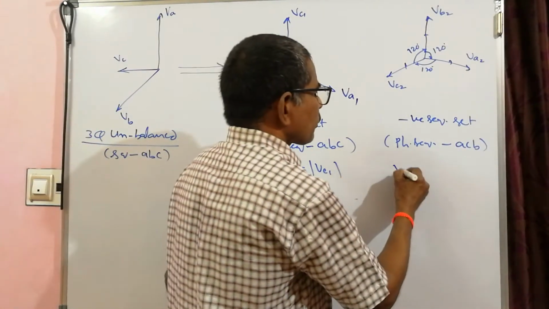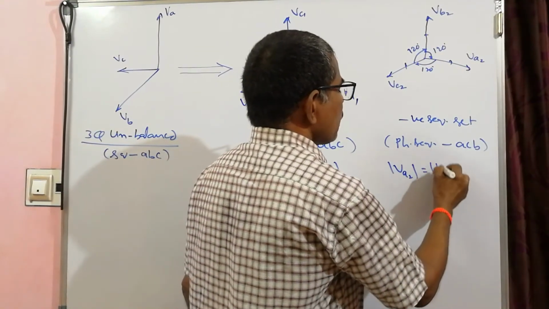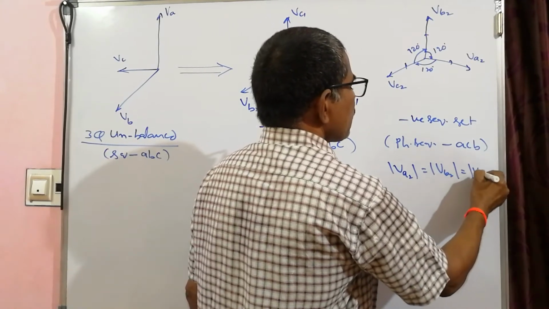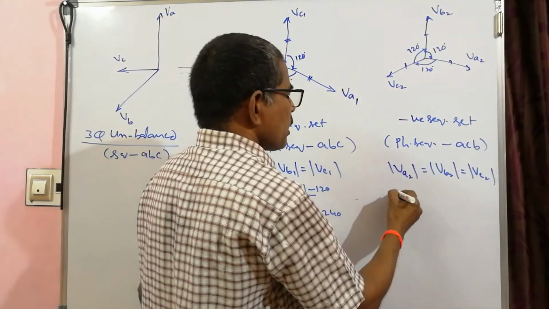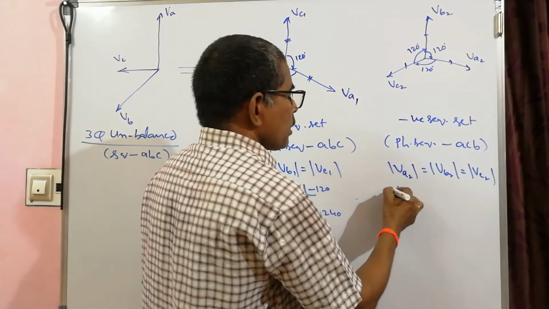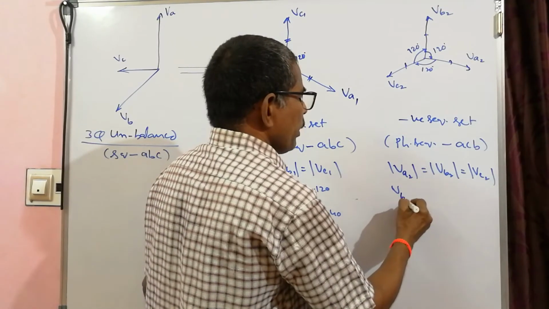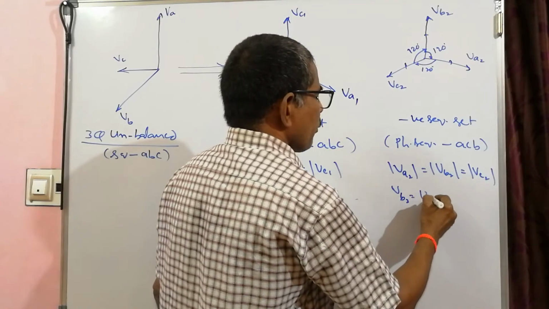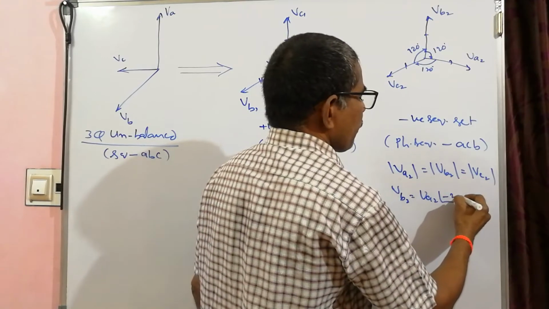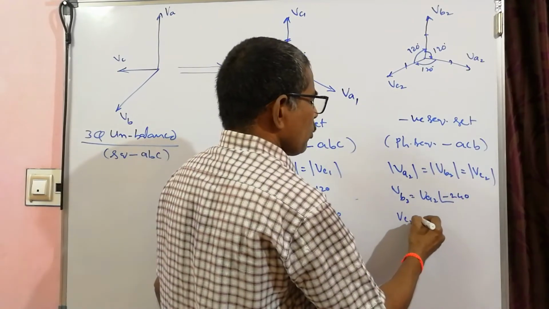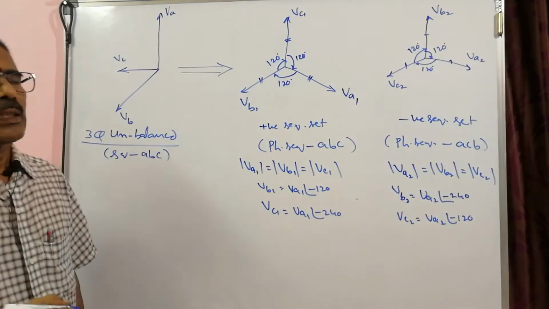Similarly, here VA2 is same as VB2, this is same as VC2, all magnitudes are same, and interphase angle is also 120 degrees, but what is VB2? VB2 is VA2 angle minus 240 and VC2 is VA2 angle minus 120, that is the difference.